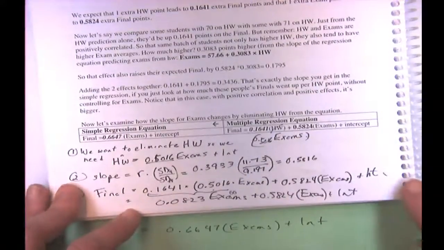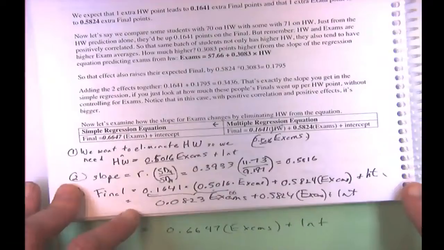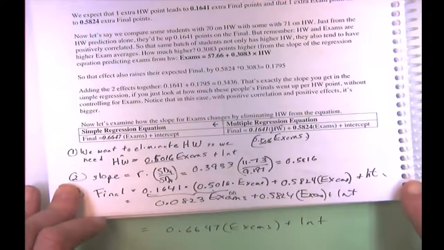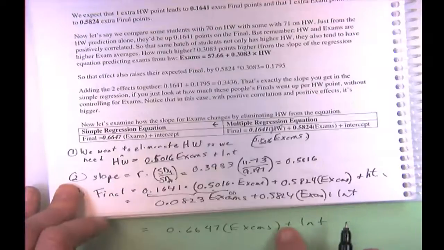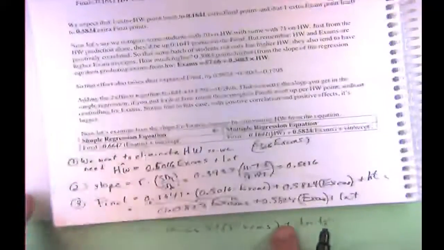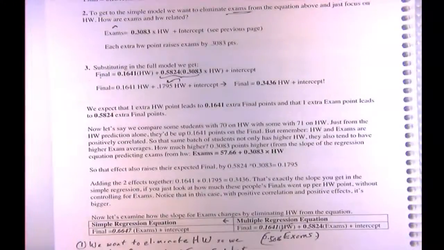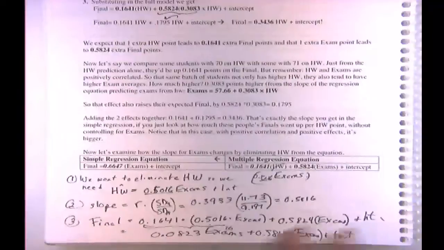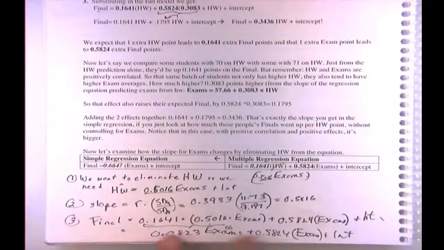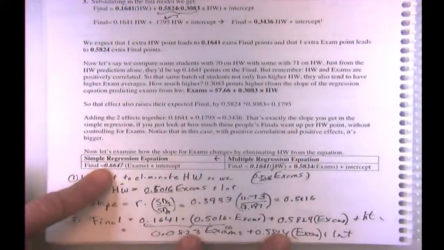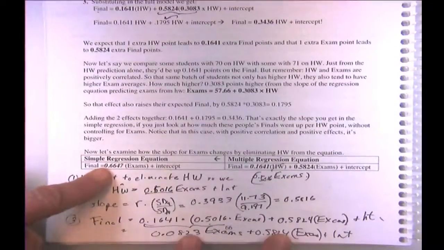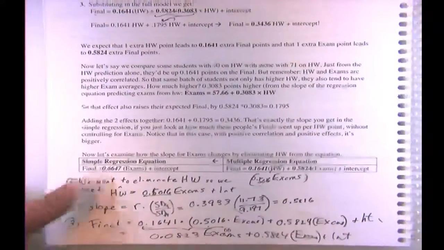Does that make sense? The intercept, we're not worried about. The intercept's going to change, but we're just interested in why the slopes change. Does that make sense? So these two, that's what I got. These two together equal that, which is what I wanted to show. Does that make sense? Why is this hard?